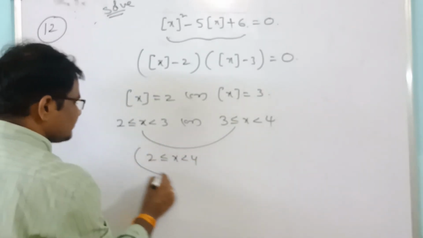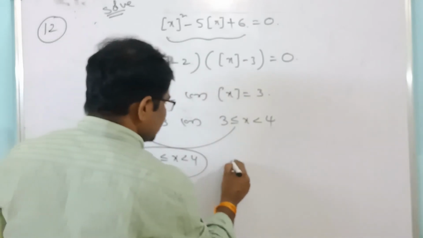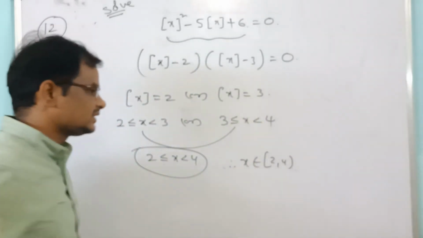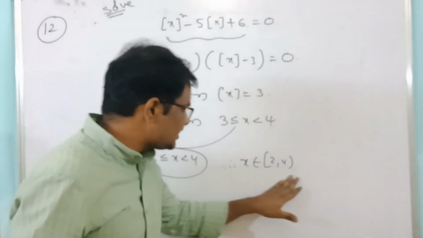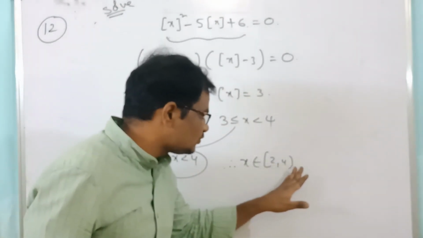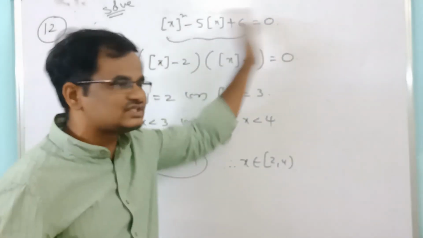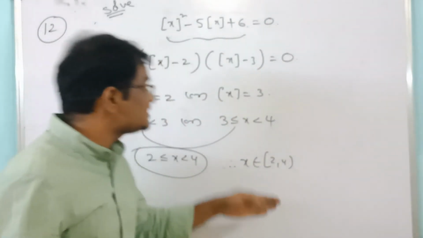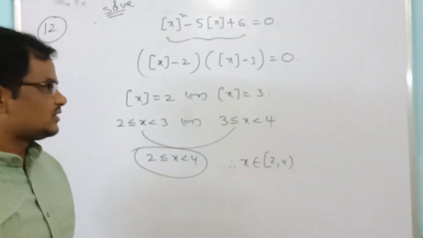So this is our final answer. Therefore x belongs to the closed interval 2 to 4. If you substitute these values in the equation, they satisfy it. Those values belonging to this interval satisfy the given equation, right?